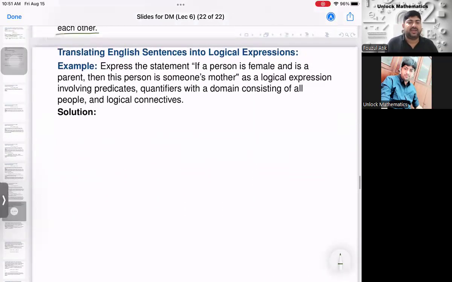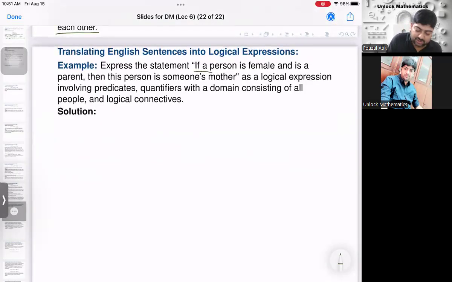Okay. Now there is a lot of big mathematical statement involved, right? You have to write it in a logical expression. So if a person is female and is a parent, then this person is someone's mother. You have to make this statement into a mathematical statement involving a logical expression.